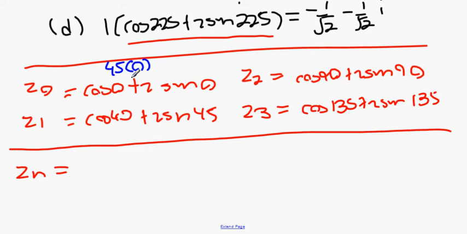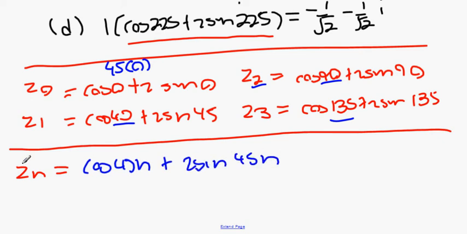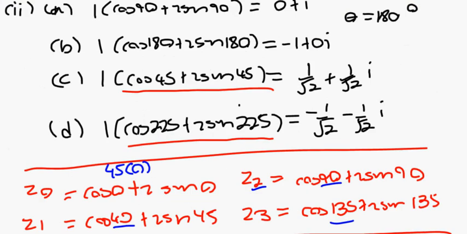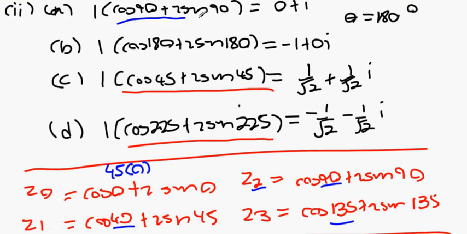Okay, so the first one's 0, the second one's 45 times 1 is 45, 45 times 2 is 90, and 45 times 3 is 135. So it's going to be cos 45n plus I sine 45n. And all we have to do is replace in the numbers, and we can see that it's already written in polar form in part 2. And when you put these numbers into the calculator, you get the same numbers out, so it's already verified.